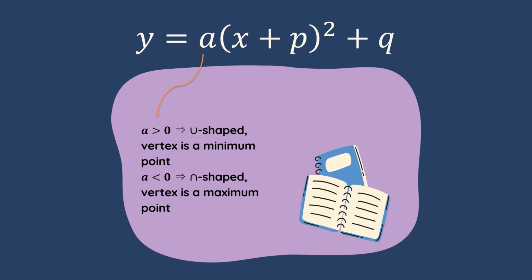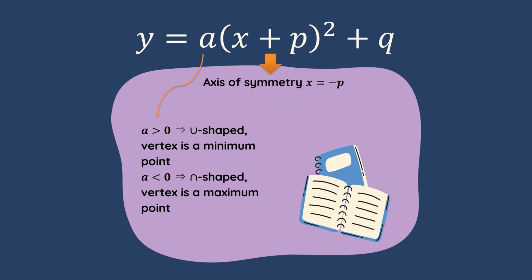If a is greater than 0, then the graph is U-shaped, meaning the vertex is a minimum point. And when a is less than 0, then the graph is N-shaped, meaning the vertex is a maximum point.